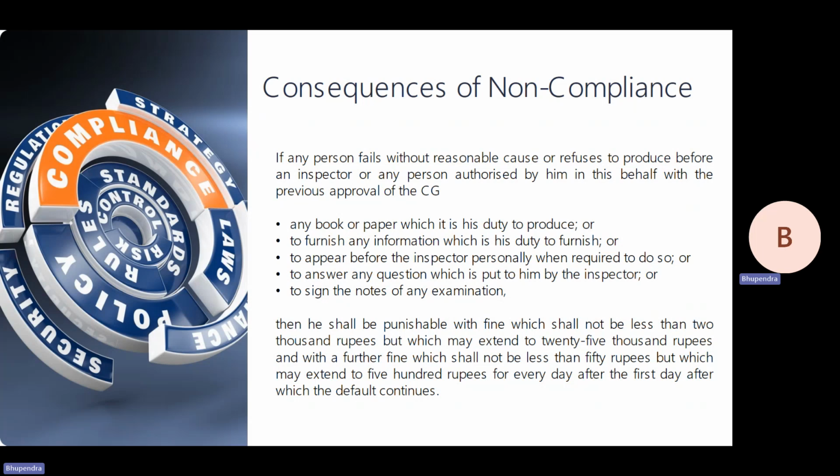If a person fails without reasonable cause, या reasonable reasons हों तो हम consider कर लेंगे, but cause नहीं है या unnecessary refuses है, inspector or any person authorized on his behalf with the previous approval of the central government. अगर उसने books पेश नहीं कीं, information क्लियर नहीं हुआ इंस्पेक्टर के सामने डेजिग्नेटेड पार्टनर से, तो शो कॉज नोटिस मिला, अपॉर्चुनिटी ऑफ बीइंग हर्ड के लिए वो गया ही नहीं, तो ऐसा नहीं है कि उसको फिर भी ऑप्शन दिया जाएगा. अपॉर्चुनिटी ऑफ बीइंग हर्ड के लिए, आंसर्स टू एनी क्वेश्चंस आस्क्ड बाय द इंस्पेक्टर, कॉन्फिस्केशन हो सकते हैं, साइंस गलत हो सकते हैं, इन सब केसेस में कॉन्सिक्वेंसेस होंगे.